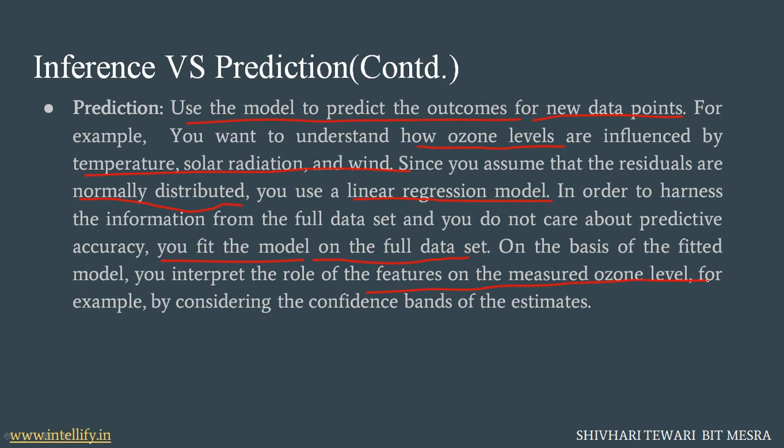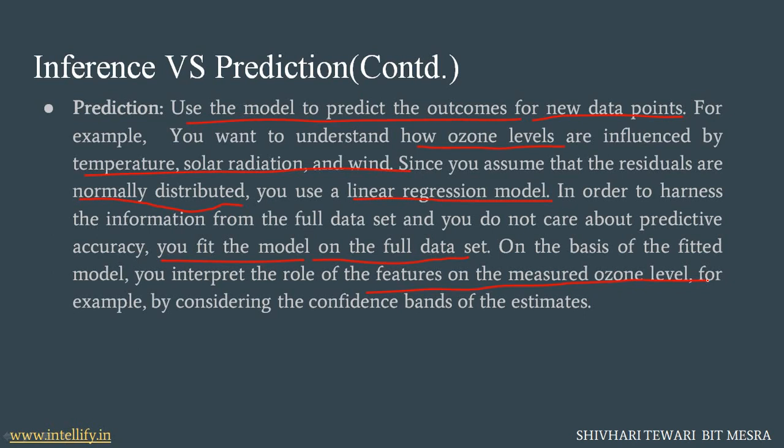Like in ozone, we only care about the role of features on the measured ozone level. In prediction, we are using the same model to predict the outcomes for new data points. We have taken the same example, ozone levels, and the same data set used in the previous example.